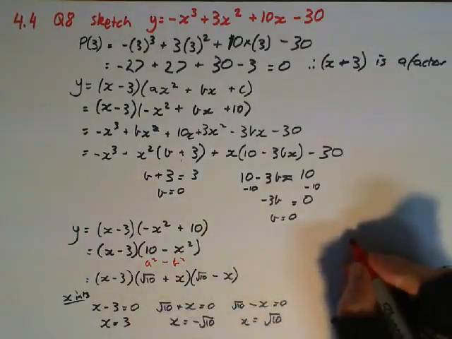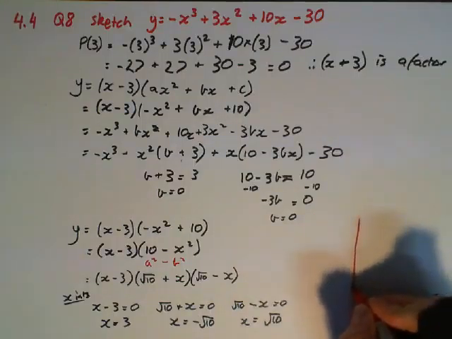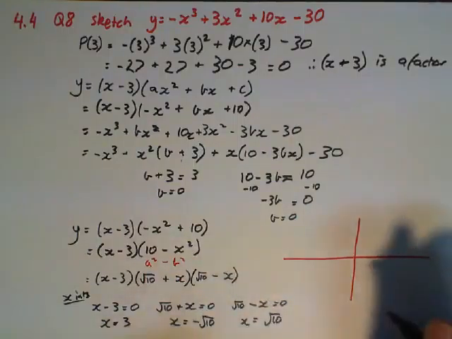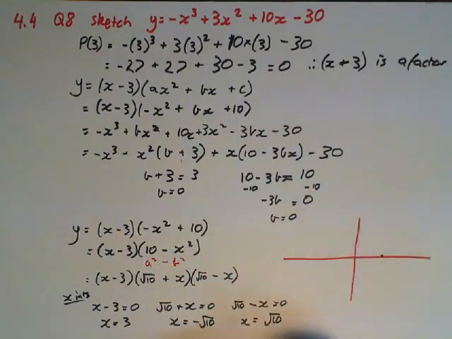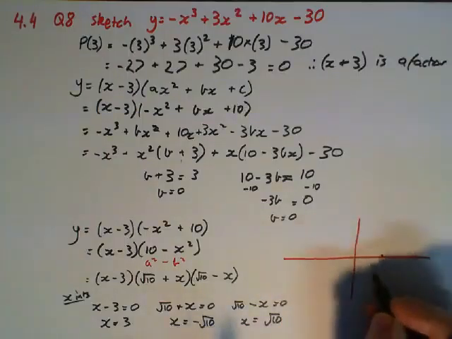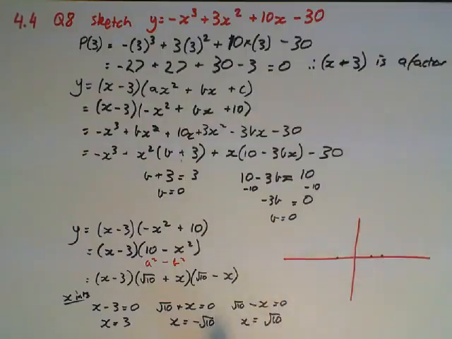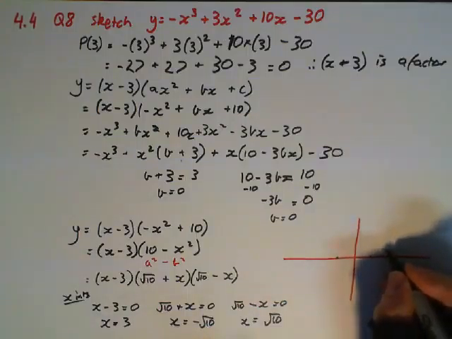Now I can put those into a graph. So positive 3 over here somewhere, square root of 10, that'll be about there, and negative over here somewhere. Okay, connecting the dots.